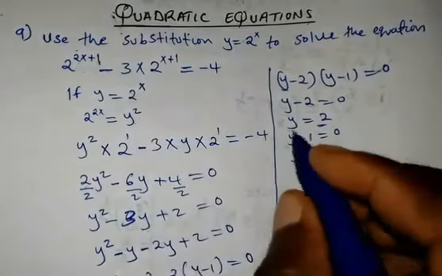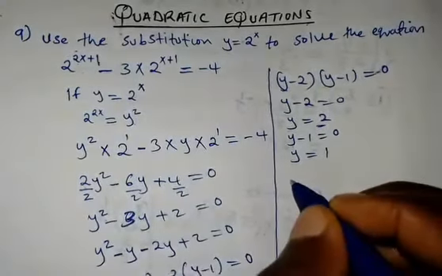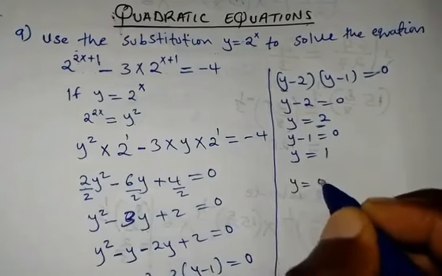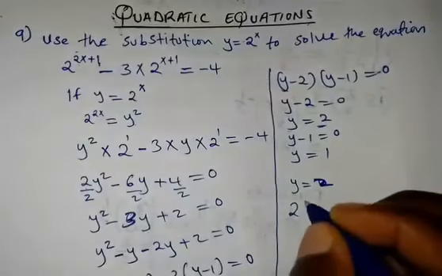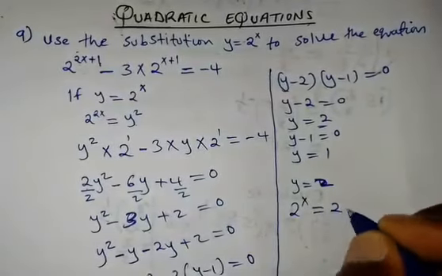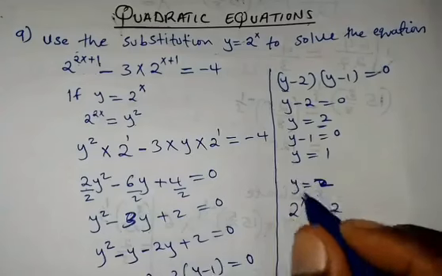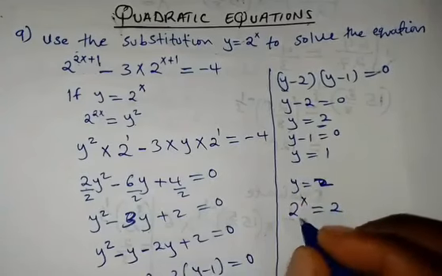For the first value of y, we replace y is equal to 2. So 2 raised to x is equal to 2, because this is what the value of y represents.